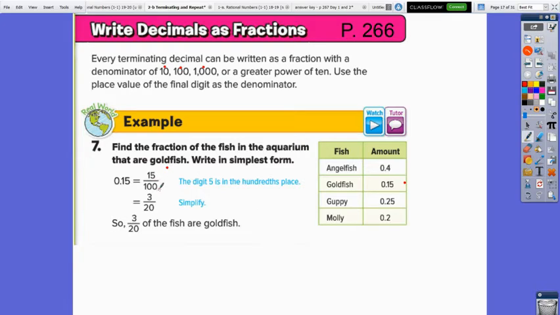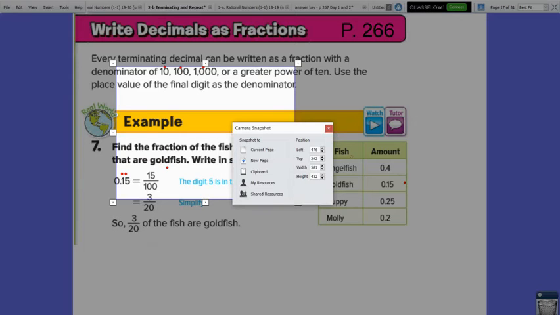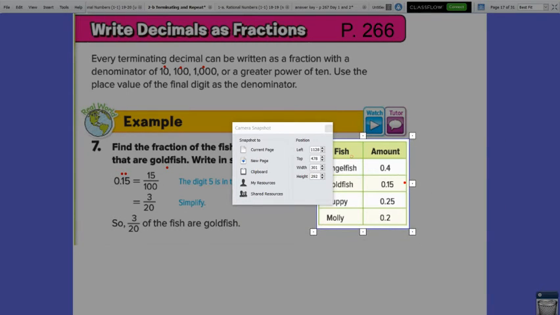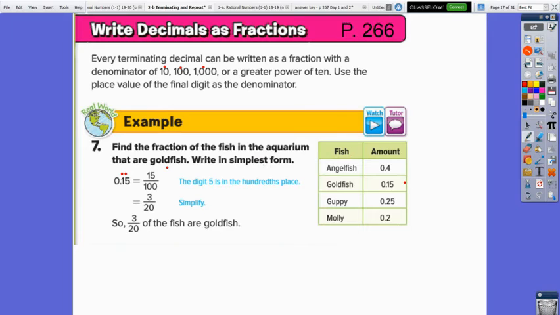That's 15 hundredths, okay, because the 5's in the hundredths place. And this simplifies, dividing both top and bottom by 5 to 3/20. So 3/20 of the fish are goldfish. All right, we're going to use this table again for got it problems in a second. So I'm going to just have that ready to go. Okay.